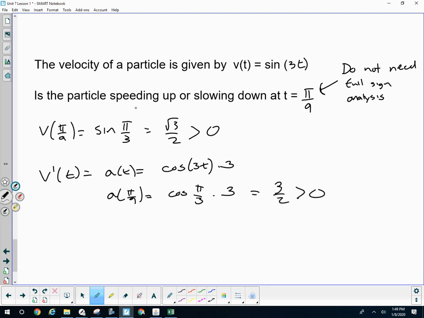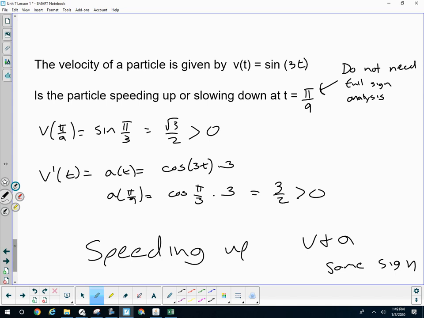So I'm moving to the right, and my acceleration is positive, which means my velocity is increasing. Going to the right, my speed is increasing. I'm speeding up. V and A have the same sign.